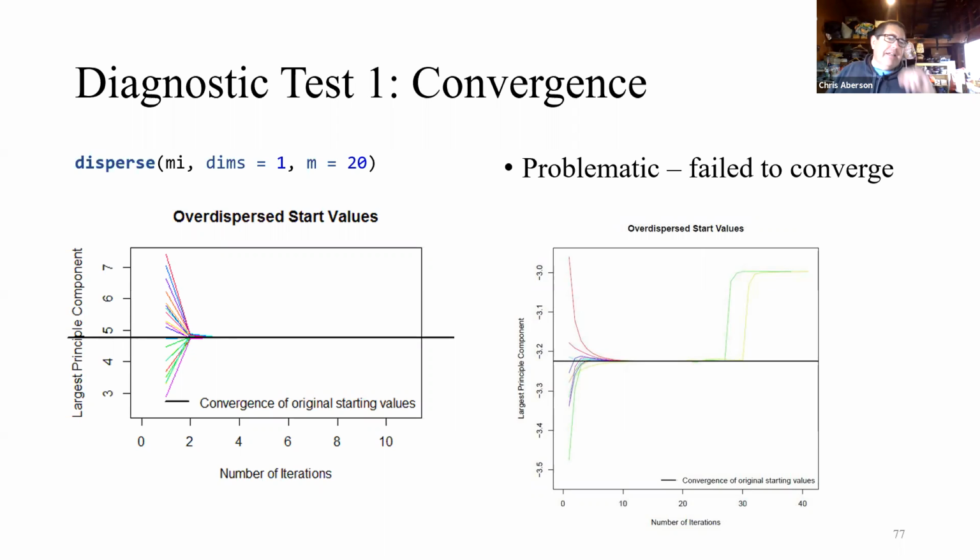The first one, on the left, is called over-dispersed start values. Don't worry too much about this. What we're looking for is that fan shape on the left, where they all come together and land. The question isn't whether they land or not, but whether they stay in the same place or start to pop up again.